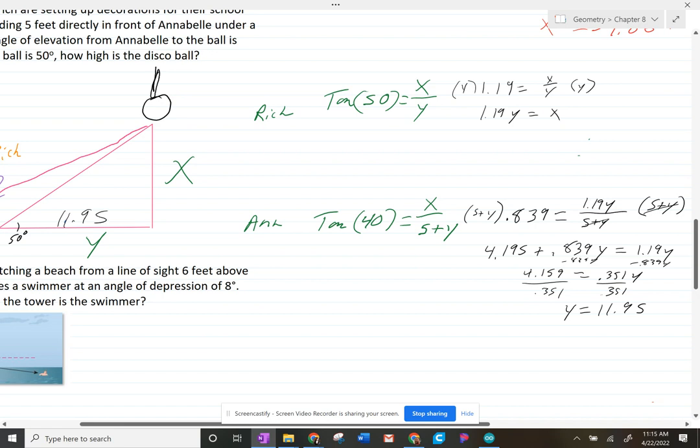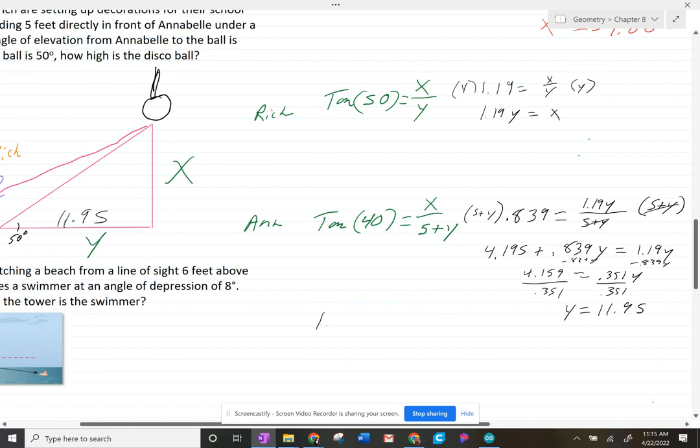Is that what I was looking for? No, I have one more thing to do, right? I know this, I just need to figure out what the x is. So I can plug it back into this equation here. So tangent of 50 equals x divided by 11.95. Plug it right back in. I'm just going to write it with a decimal.